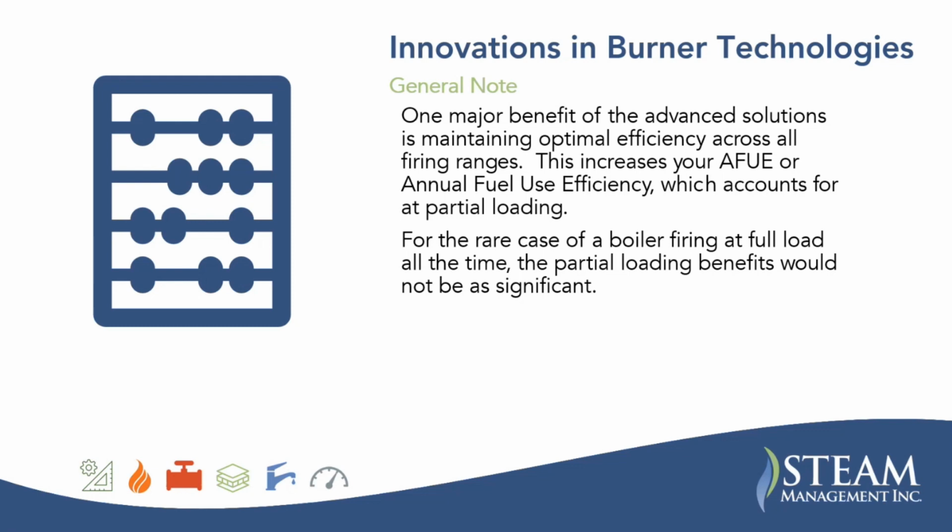General note here. One major benefit, we touched on this before, of the advanced solutions is maintaining optimal efficiency across all firing ranges. So this increases your AFUE, which is annual fuel usage efficiency, which accounts for partial loading. So if you had a case where you have a boiler firing at full load all the time, you're not getting efficiency improvements from having these advanced controls.